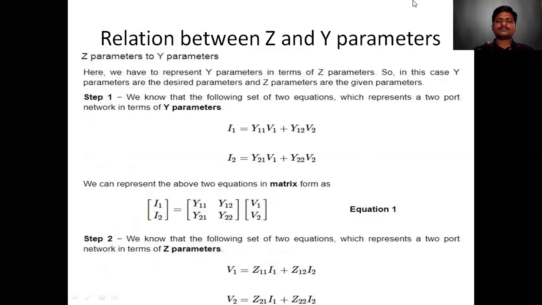Now the question is, when a problem is given to find Y parameters, you can do one thing. If you know the relation between Z and Y, then you can easily find Y parameters if you know how to find the Z parameters.